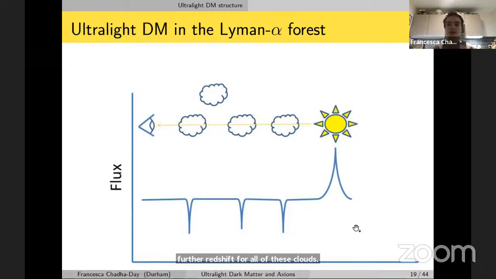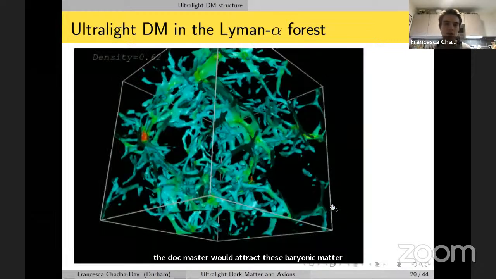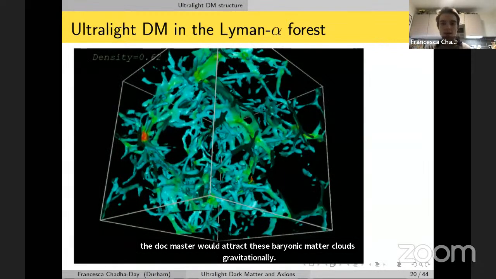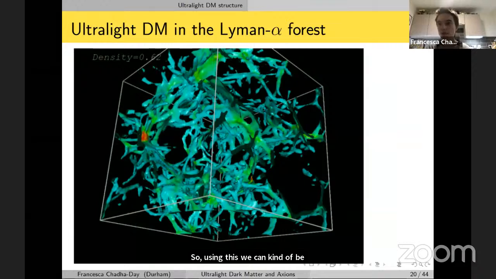Then we need to make the assumption that the gas distribution here is following the dark matter distribution. This is reasonable because we think the dark matter would attract these baryonic matter clouds gravitationally. Using this, we can build up a map of where we think all of the dark matter is in the universe.